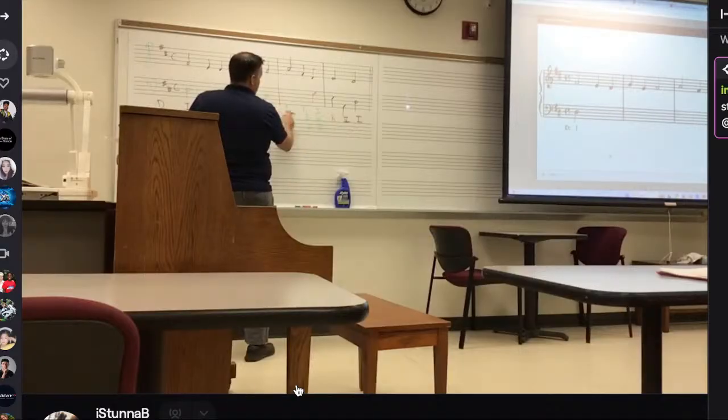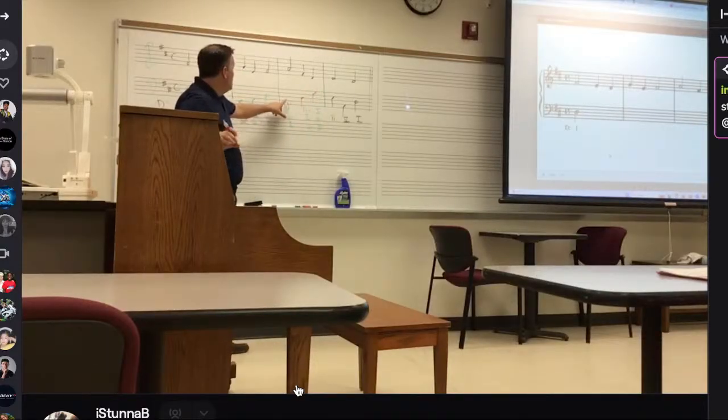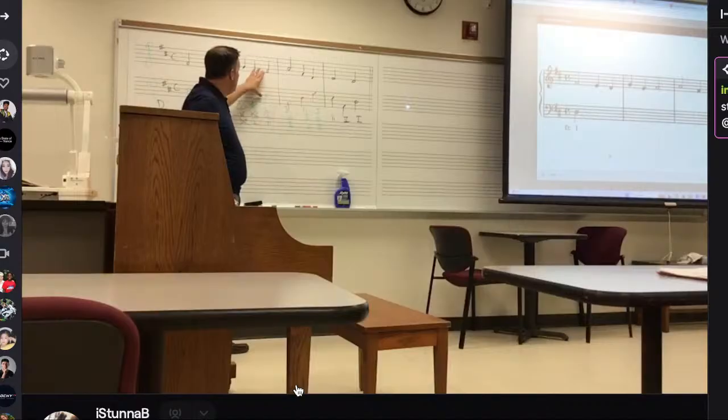5 to 1 to 4 could work, maybe. Let's try that. 5 to 1 to 4. So we have our 5, D and F sharp, A and A is octaves. We're moving in contrary motion. If I move that A up, then we'd have direct octaves, but we don't because I moved that A down.